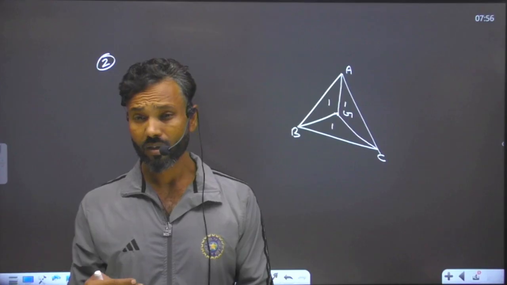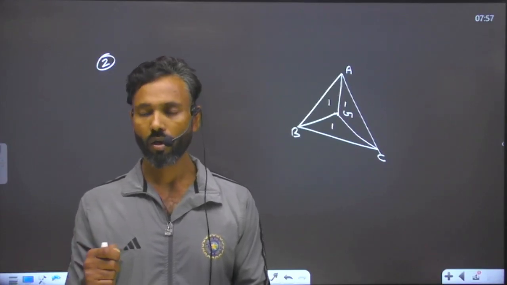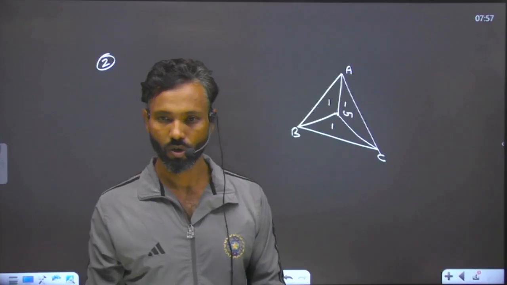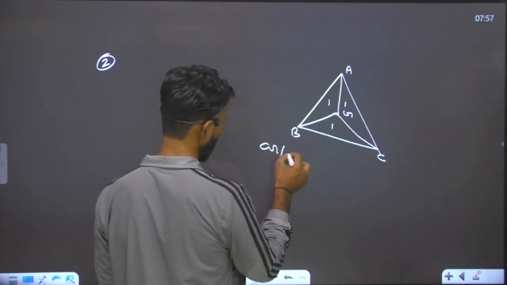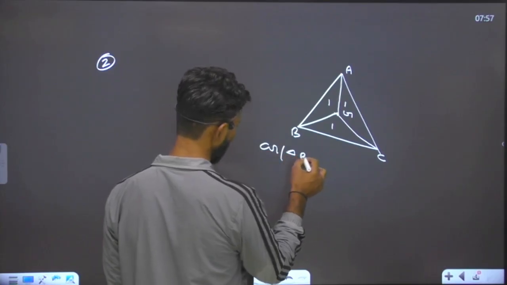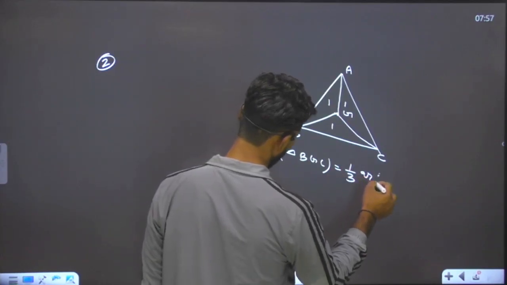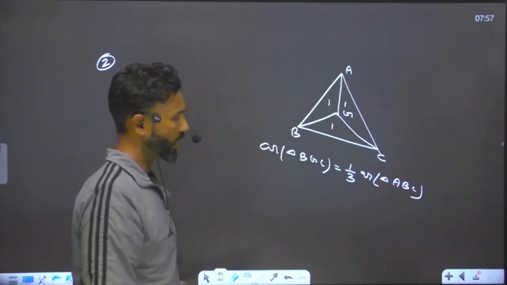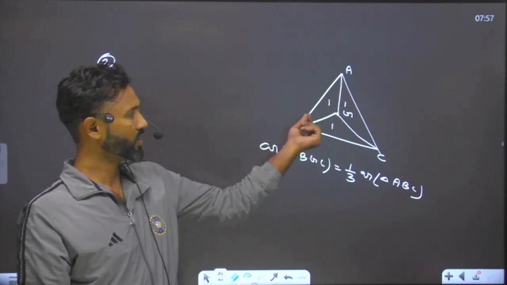And now we can say that the area of one part will be 1/3 of the area of the entire triangle. Got it? So I can say that area of triangle BGC is equal to 1/3 of area of triangle ABC. So this is the second property.